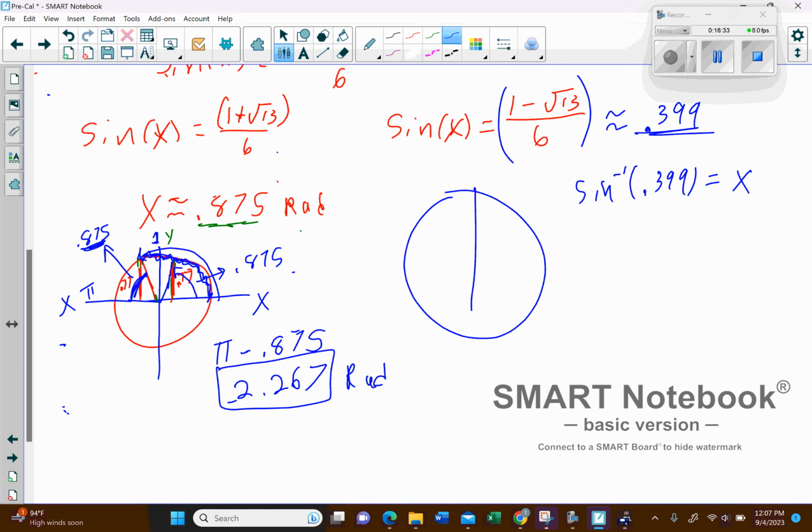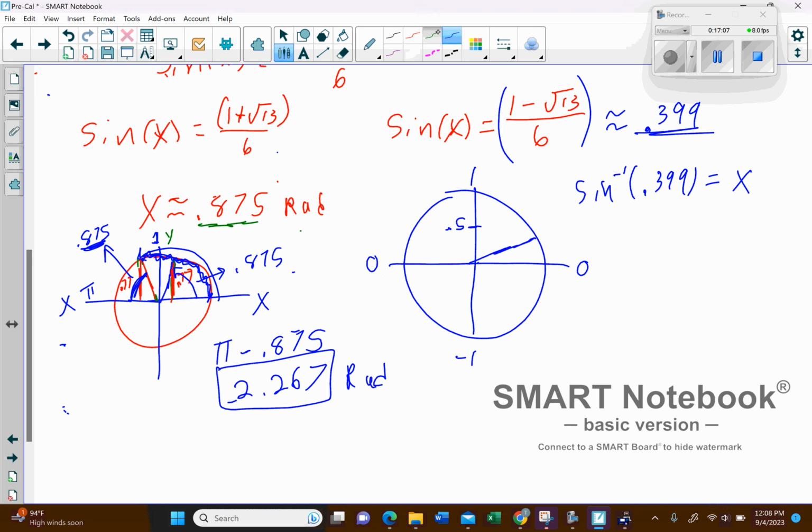If you look at a unit circle, the distance to the edge, the radius, is always 1, right? And so we're talking about sine. So the y value right here would be 0, 1, 0, -1. Well, we're looking for where the y value is going to be 0.399, basically 0.4. So this would be about positive 0.5. If I were to go around this, it'd probably be about right here.